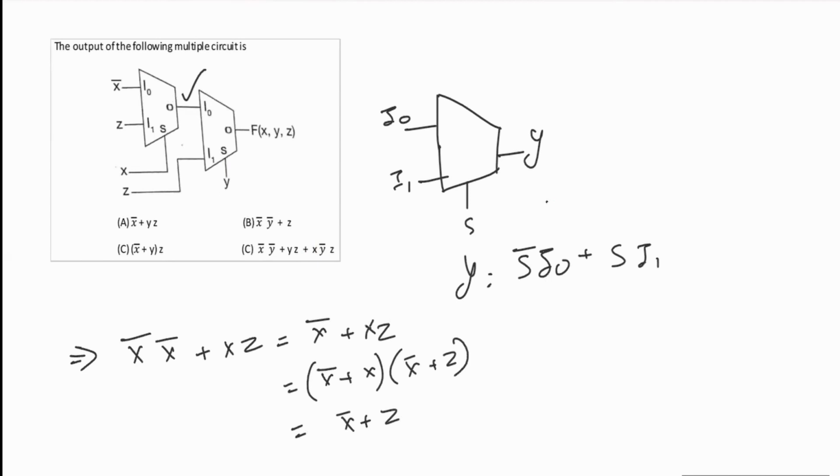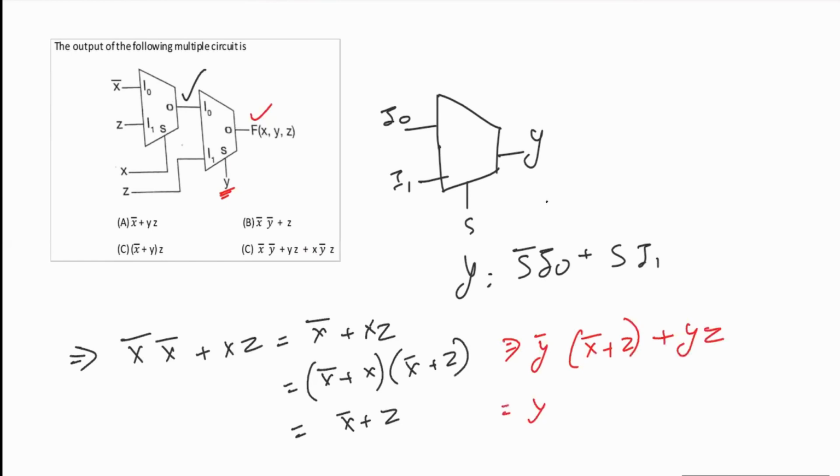Now let's go to this point, and now I'm calculating this function. Again, your select line here is connected with y, so you need to consider y bar into this value, that is x bar plus z, plus y into this. I1 is z, so this is z.